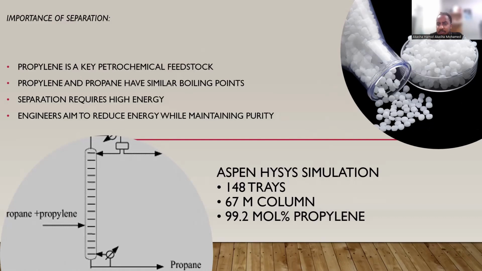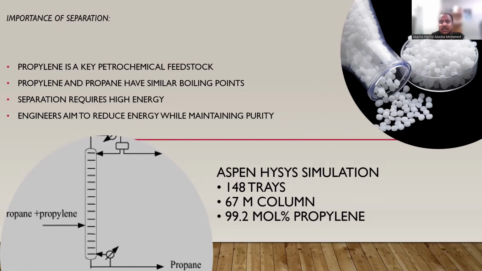According to the Aspen HYSYS simulation discussed in my report and as seen in my presentation slide, achieving 99.2 mole percent propylene required a distillation column with 148 trays and a height of approximately 67 meters.